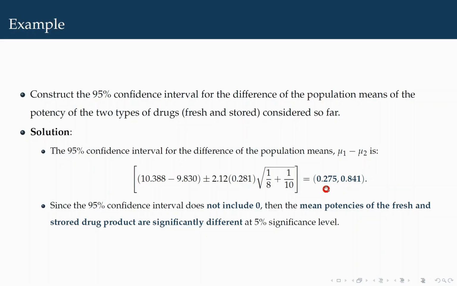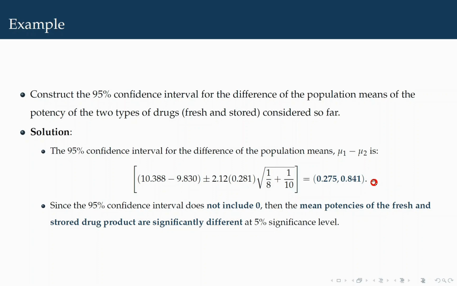Specifically, this confidence interval is greater than 0. It is the mean potency of the fresh product minus the mean potency of the stored drug product. Therefore, this is greater than 0. That means the mean potency of the fresh drug product is significantly larger than the mean potency of the stored drug product.